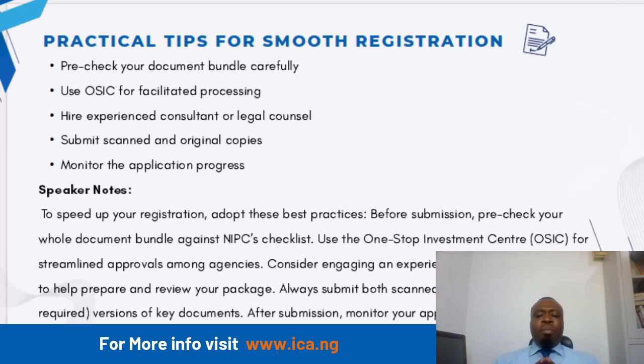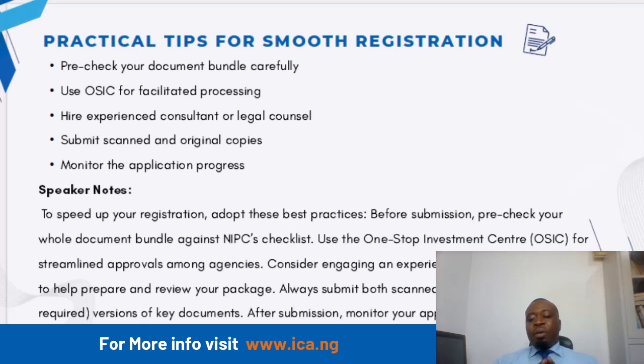After submission, it's very important that you monitor your application by logging in and following up, and respond to any query without delay. Because if you don't follow up and there are queries, you might assume that the work is being processed, not knowing that it's there for you to do the needful.